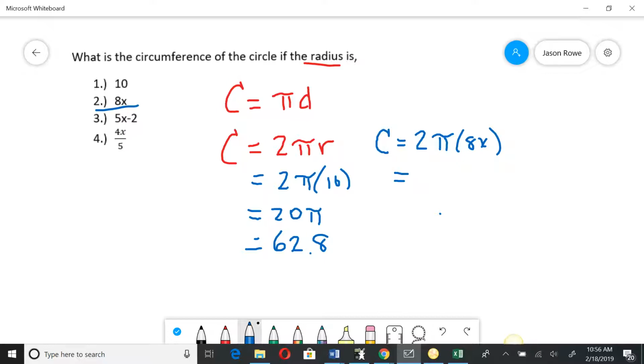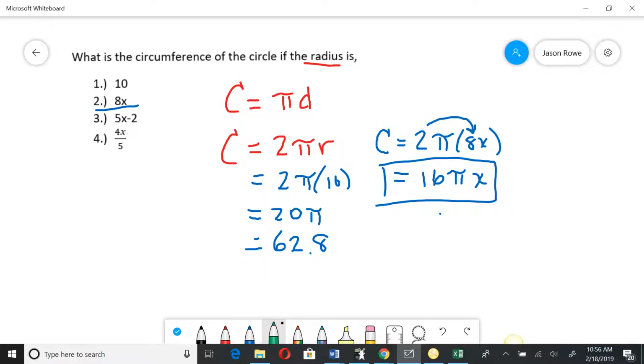All I can do is multiply 2 times 8, which is 16. So that's 16 pi times x. And folks, that's all you can do. I actually kind of like seeing these because I know there's a lot less work to do. I don't have to figure out if I have to do times 3.14 or not.